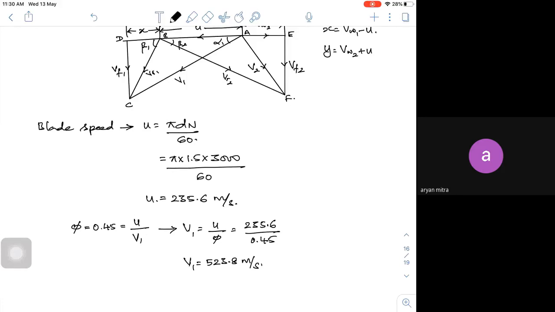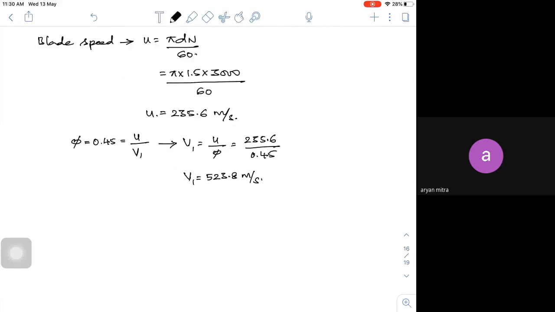Let us consider the velocity triangles. From the inlet velocity triangle, let's go one by one.